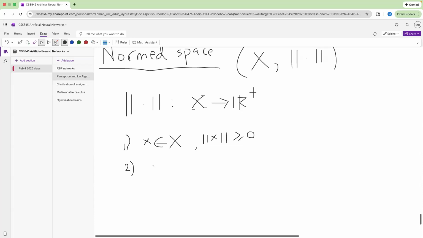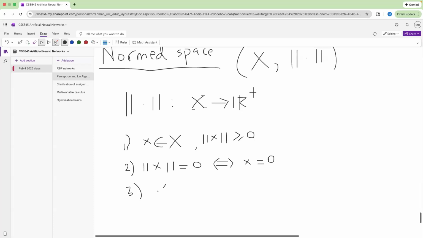The next property is that if you ever find a vector X such that its length is 0, that can only happen if the vector itself is the 0 vector. In a vector space, there is always a unique 0 vector, and that is the only vector that can have 0 length. Any other vector that is not the 0 vector cannot have length 0. That's the idea here.